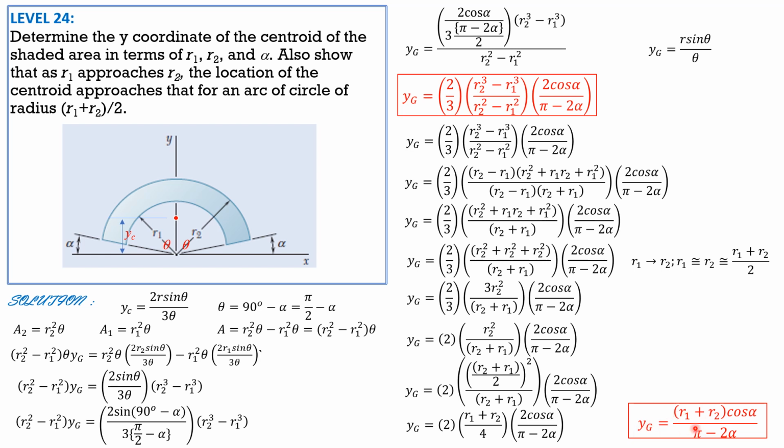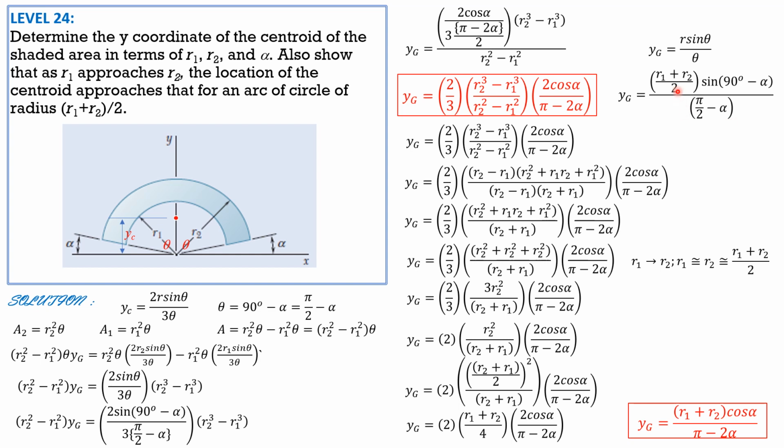centroidal location of an arc of a circle with radius r1 plus r2 from this general formula here. So replacing r by r1 plus r2 over 2, then sine of 90 degrees minus alpha, which is cosine of alpha over pi over 2 minus alpha.